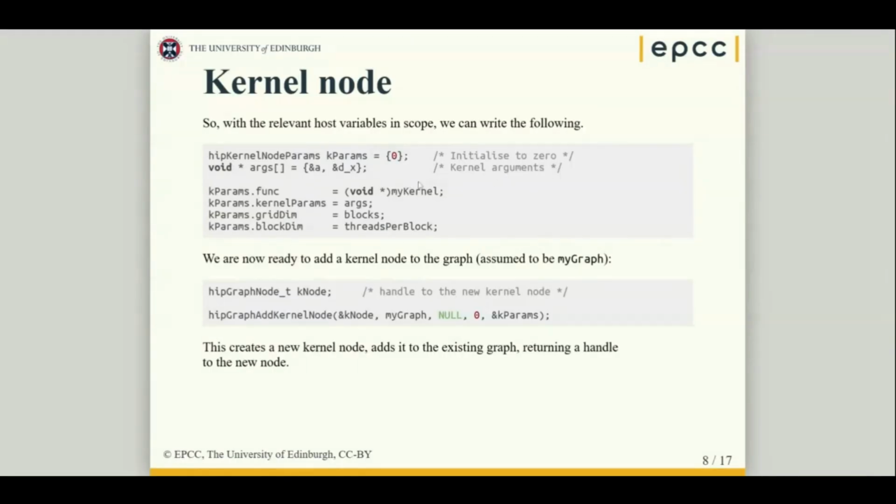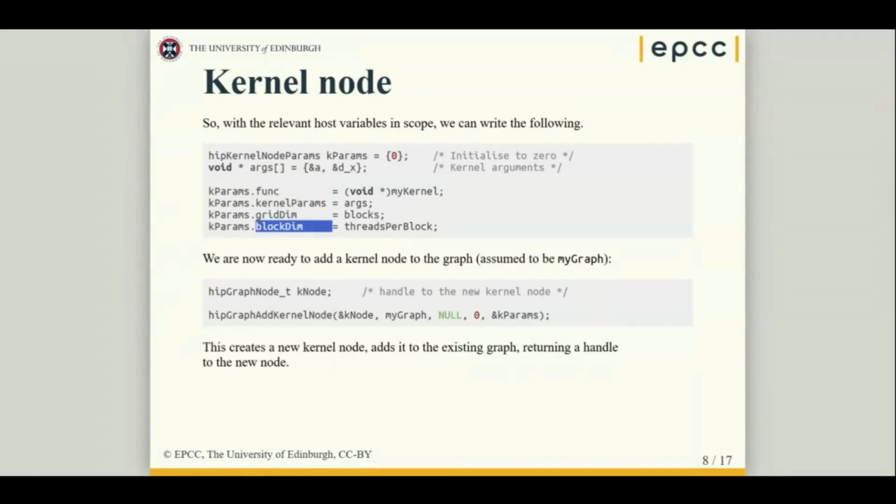And for the kernel argument, I will create a vector or array, and by reference I will set A and X. This will be the kernel argument. Now this structure has these 4 public members here.